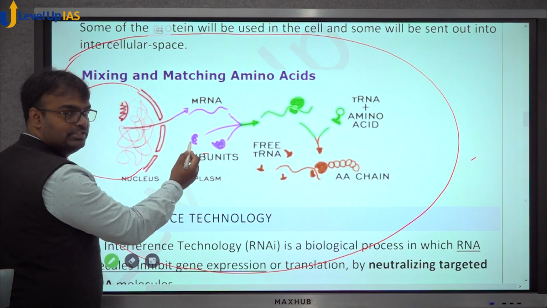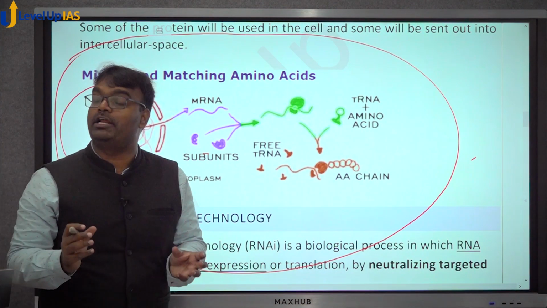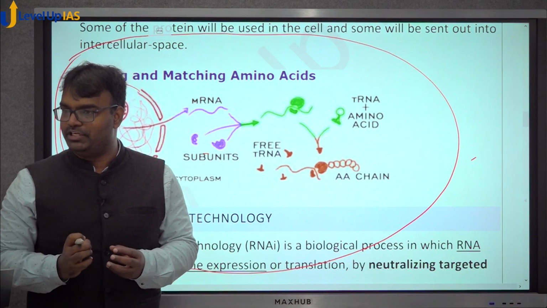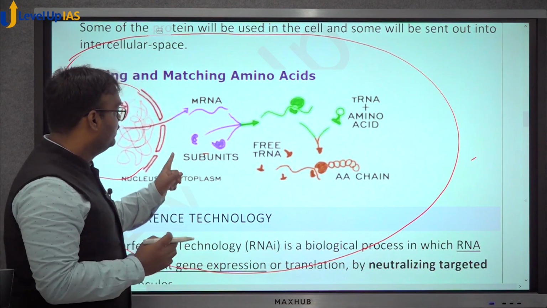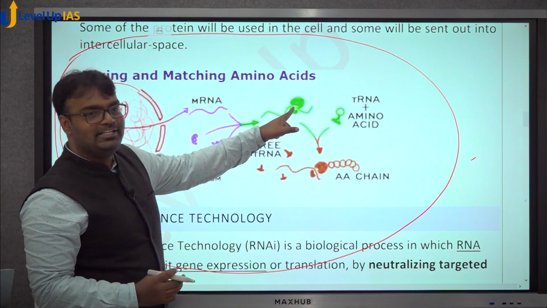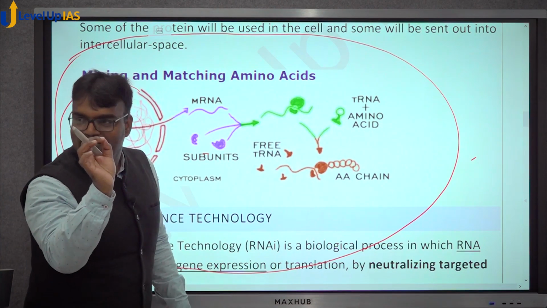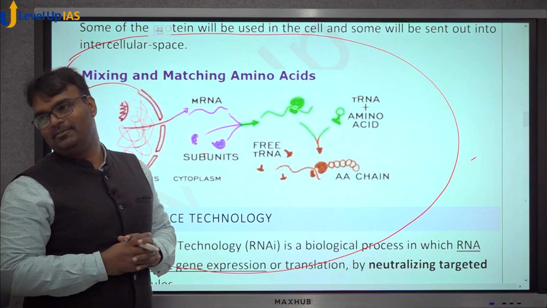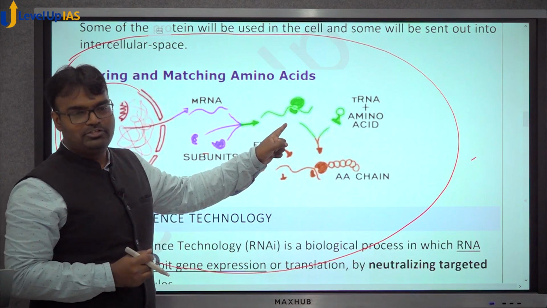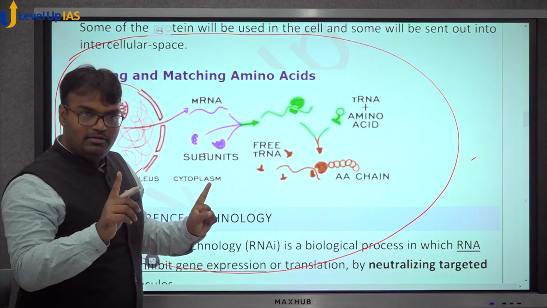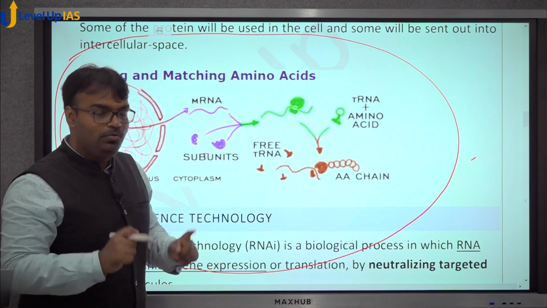These two subunits are subunits of ribosomes. Ribosomes which are factories of protein, which will manufacture the protein. These ribosomes get attached to the messenger RNA and read the information on messenger RNA. Everything is understood till now?